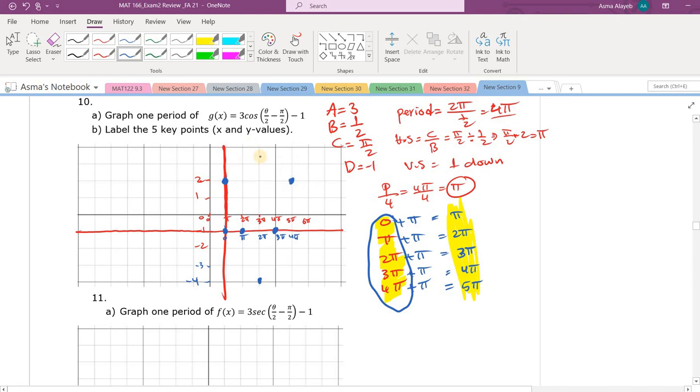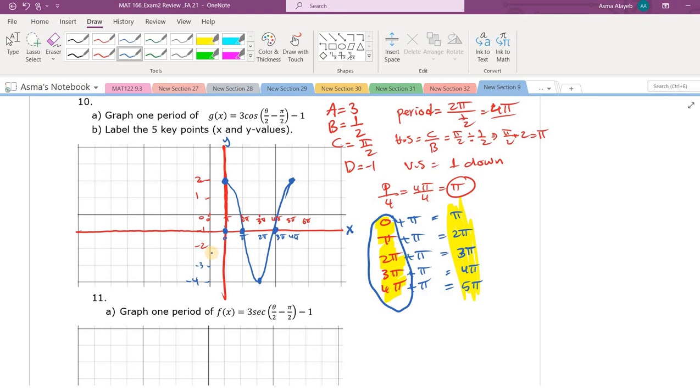So it's going to go up 3 units. And this is the graph for cosine, like that. You see that I'm using the new x-axis and the new y-axis. I'm ignoring the old x-axis and the old y-axis. I'm not using them at all. So this is how you're going to graph this easily.